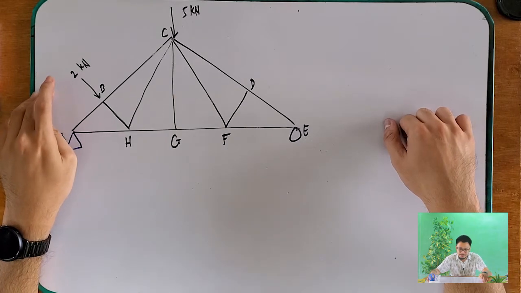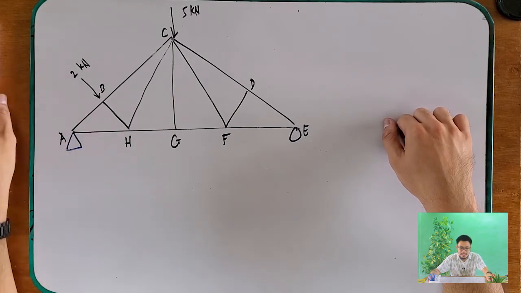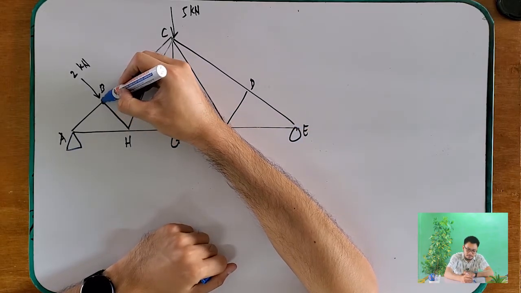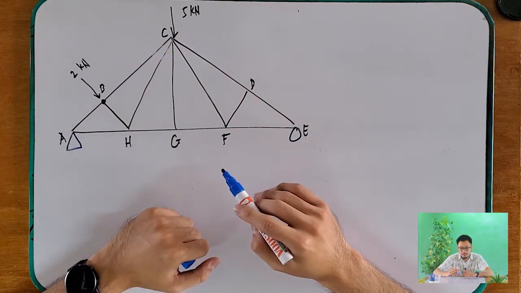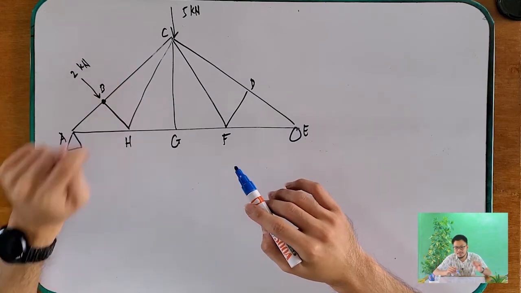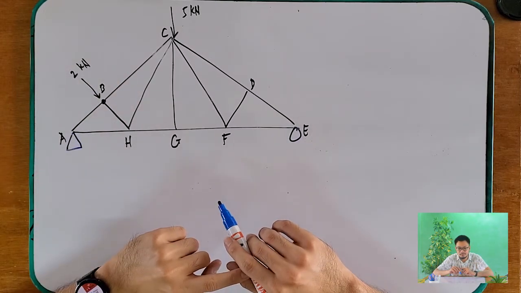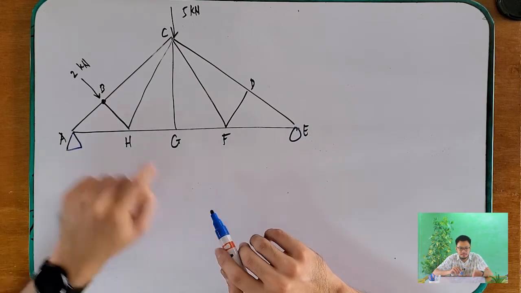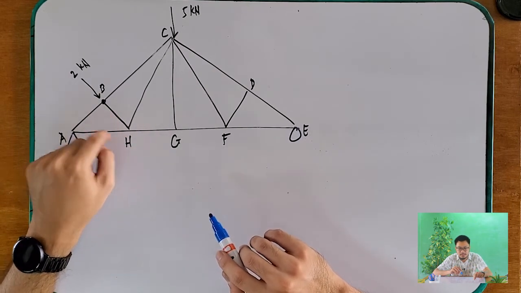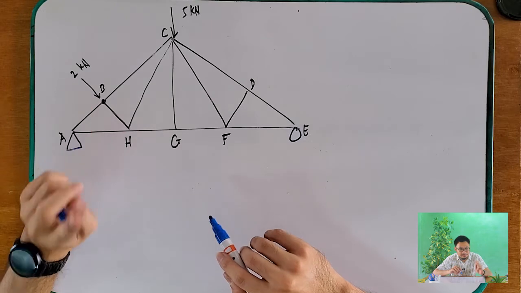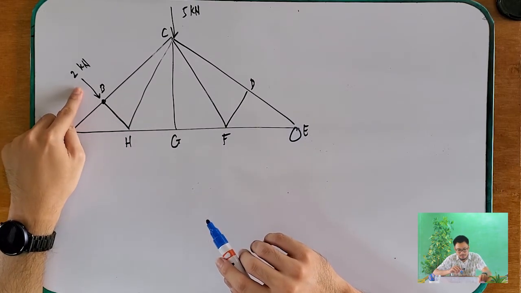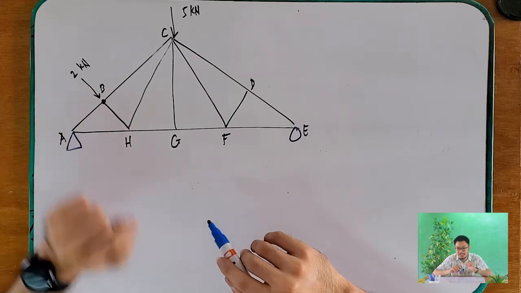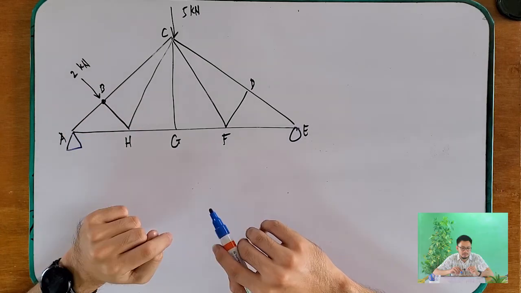Maybe we can. Why? Look at joint B. Joint B has 3 members, of which 2 are collinear and the third one is not collinear. But there is an external force. So your BH is not a zero force member.